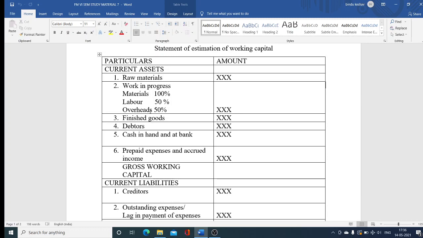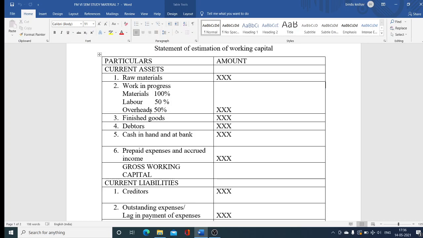For example, if there are sales of 10,000 units and the selling price is 10 rupees, but the cost of sales is 9 rupees, and the debtors will be paying the amount only after a period of 2 months. At any given point of time, the organization will have some debtors, so we have to calculate the value of debtors.